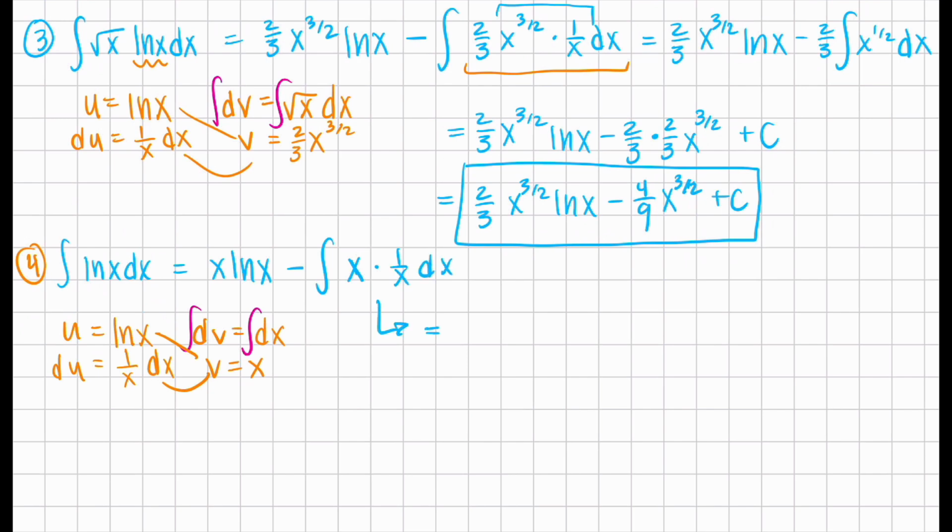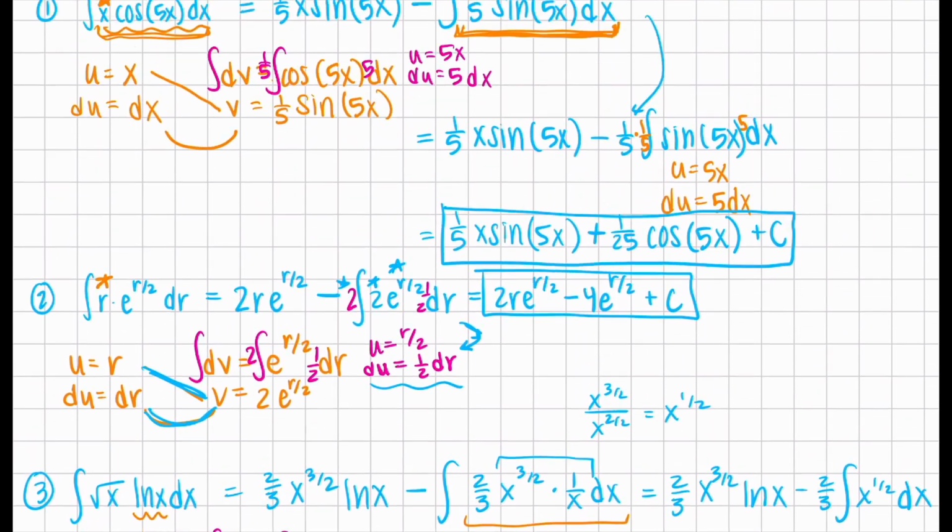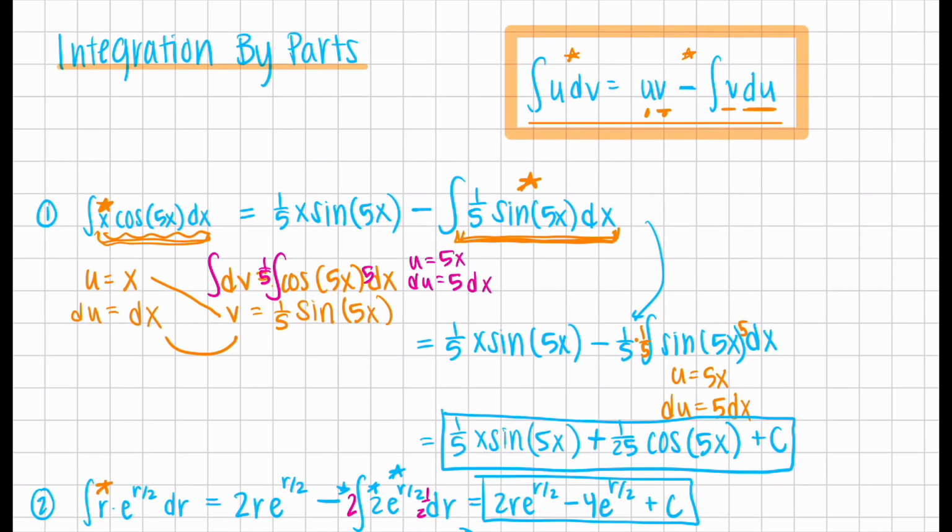Let's simplify what's in my integral. X times 1 over x is the same thing as 1. So I'm integrating dx. And when I integrate dx, I'm just left with x. And don't forget your plus c. So that is your answer. And this is 4 examples of integration by parts.